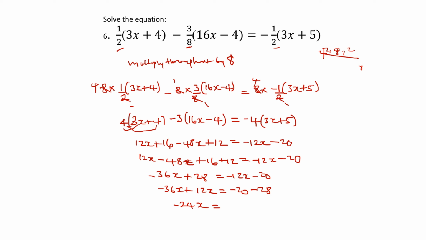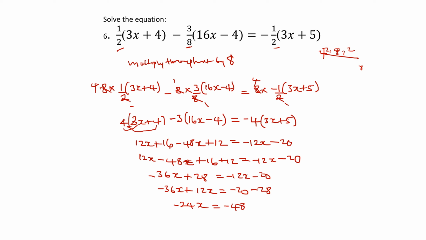Remember, we are not multiplying, we are adding here, so the sign doesn't change to positive. When you multiply two negative signs, it becomes positive. Here we are adding. Minus 20 minus 28, we add and take the sign. This becomes minus 48.